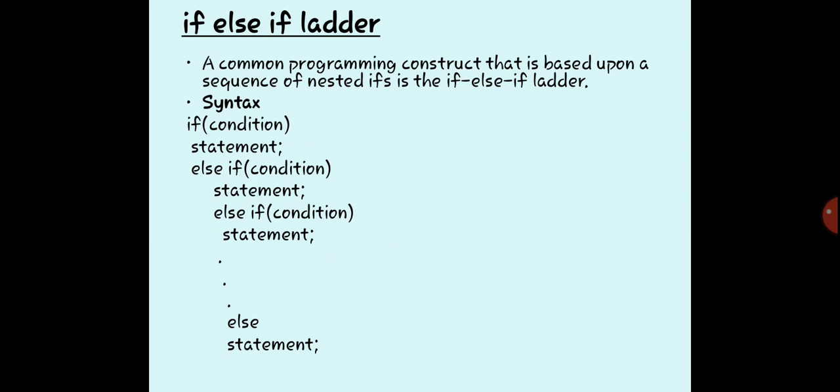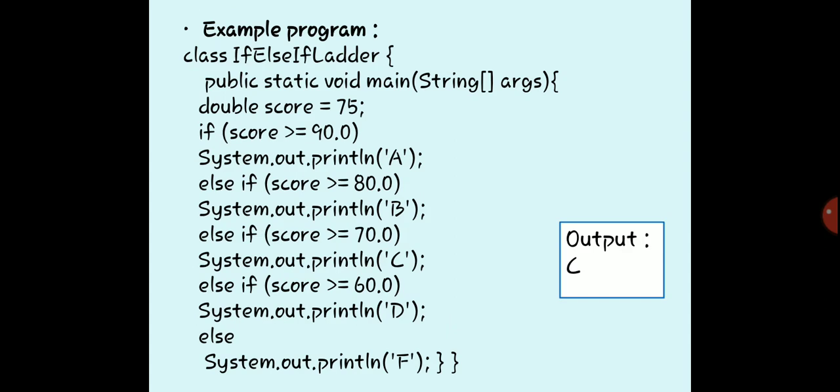Then else if ladder. Else if ladder checks many conditions. In simple if, we check only the true part of one condition. In if else, we take one condition and check both the true case and the false case. In else if ladder, we check multiple conditions. See here, we give a mark and check which grade it falls in.